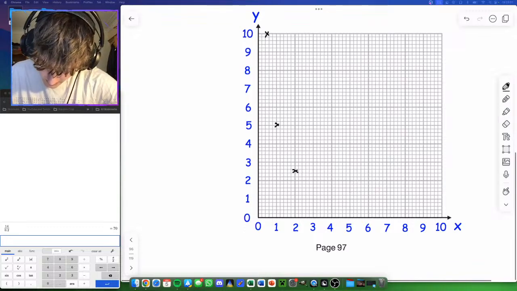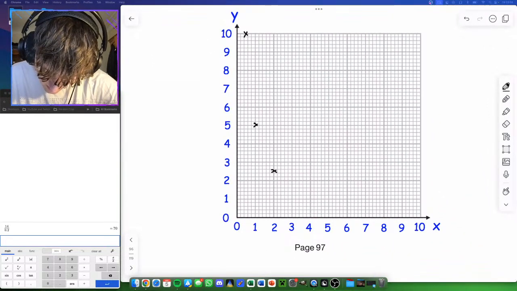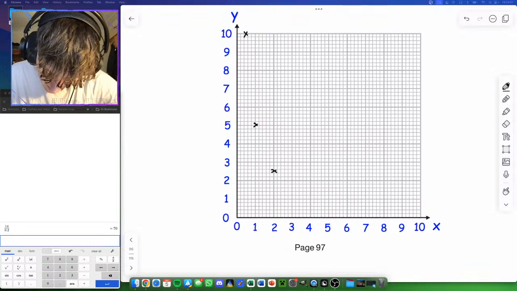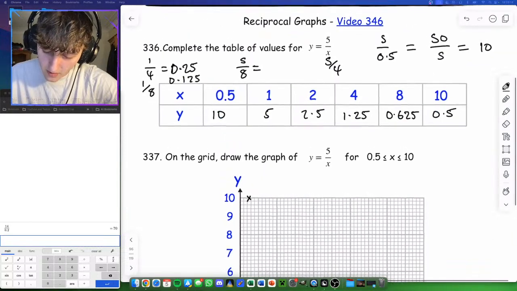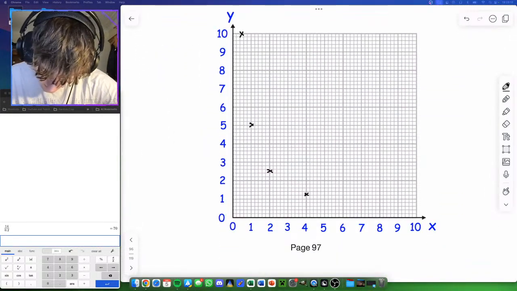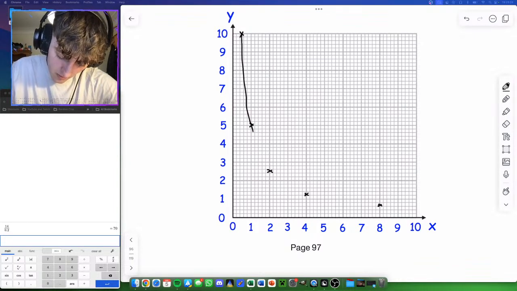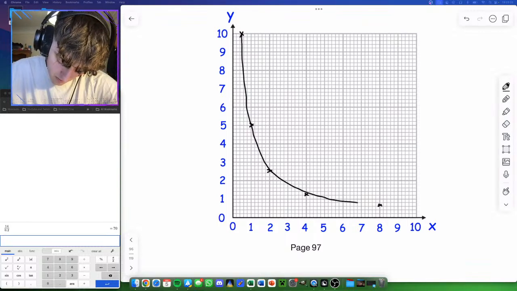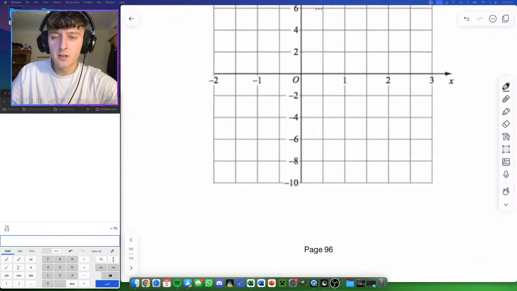Then 4 is 1.25. So that's going to be about here. Then 8 is 0.625. So that's going to be about here. So then from this we can do that, and that's what your graph's going to look like. Right.